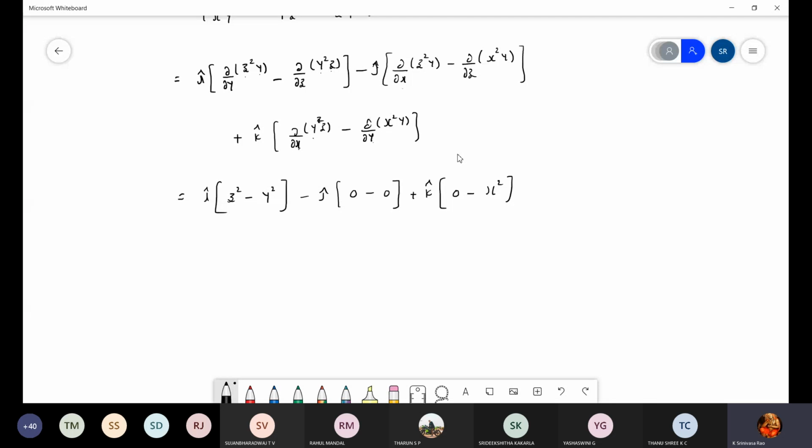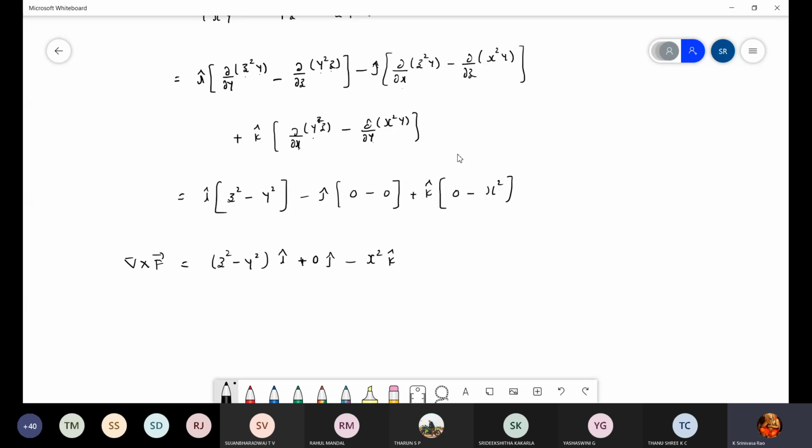So finally, curl f equals z square minus y square i cap. There is no j, you can write plus 0 j cap for your reference, because next one more curl you have to calculate. Whatever, you can write 0 plus or minus, so we take positive only, plus 0 j cap and minus x square k cap. So this is one stage, curl f.